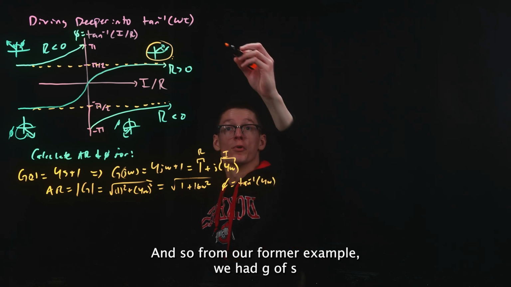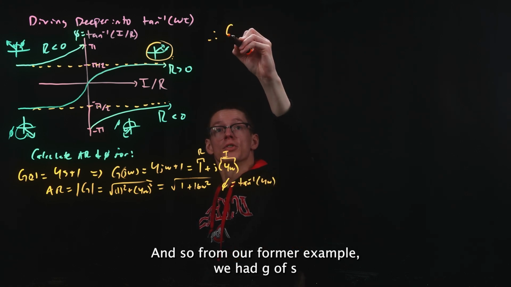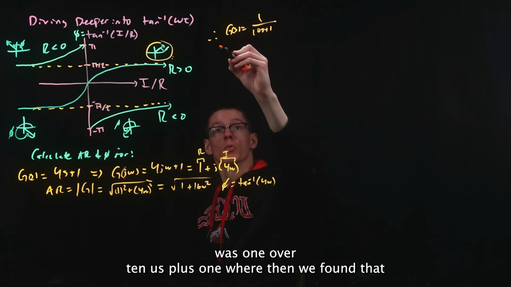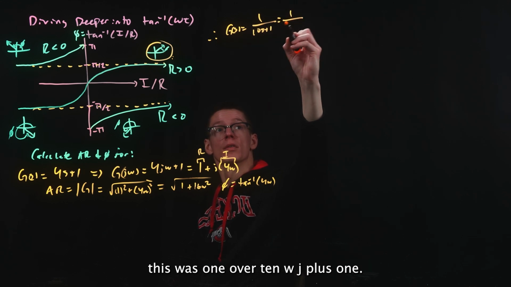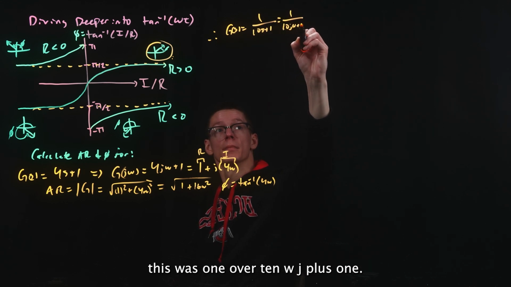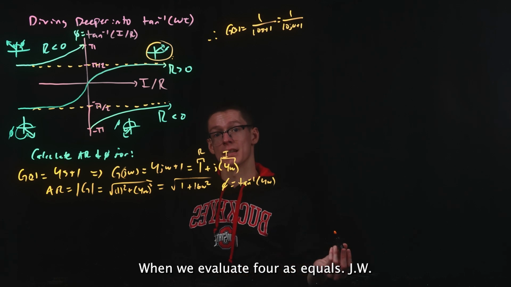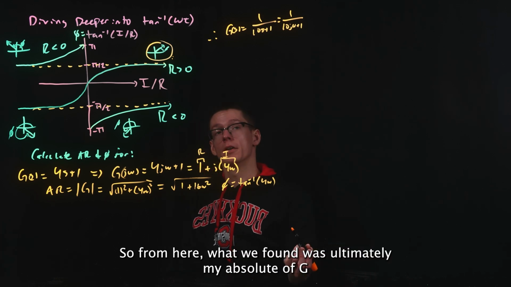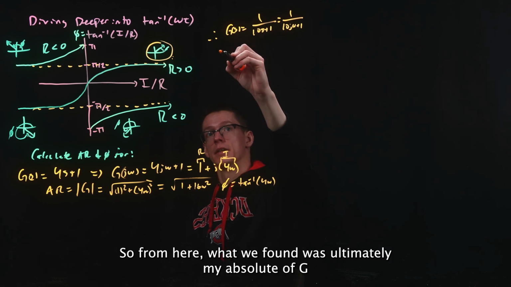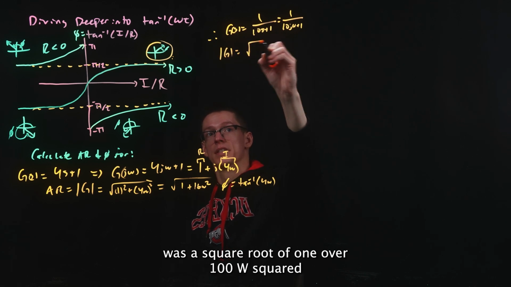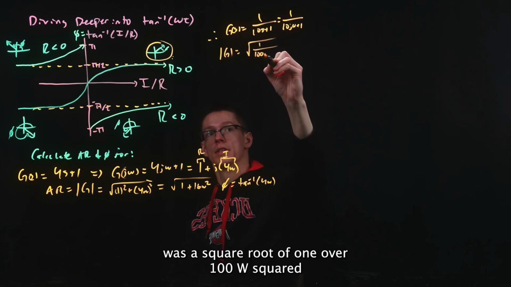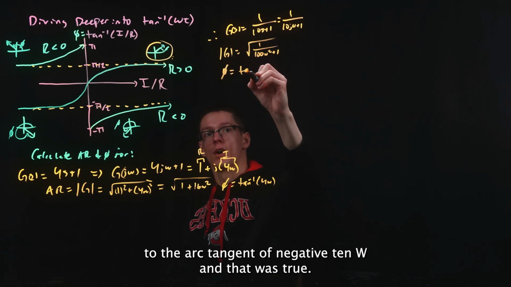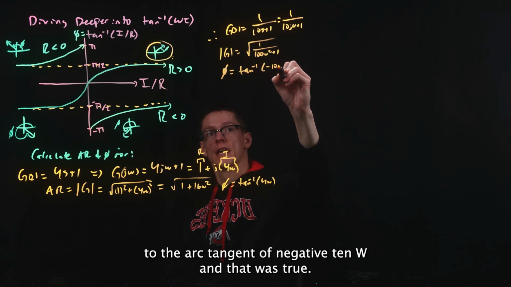And from our former example, we had g of s was 1 over 10s plus 1, where we found that this was 1 over 10wj plus 1 when we evaluate for s equals jw by that direct substitution method. From here, what we found was that the absolute value of g was the square root of 1 over 100w squared plus 1, and phi was equal to the arctangent of negative 10w.